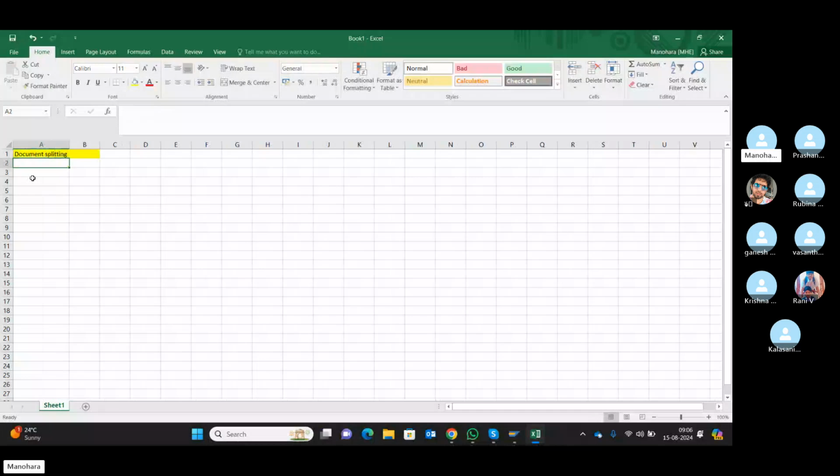GL ledger. We have GL ledger and vendor. Fixed asset.